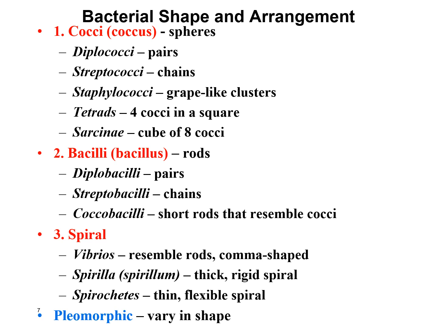So, for example, with our basic cocci shape, if the two cocci stay stuck together, we would have diplococci, because diplo means two, and cocci, you've got the little round balls, the spheres, so that would be a diplococcus, when you have the two spheres stuck together. Streptococci, strepto means chain, and so you'd have a chain of cocci together.